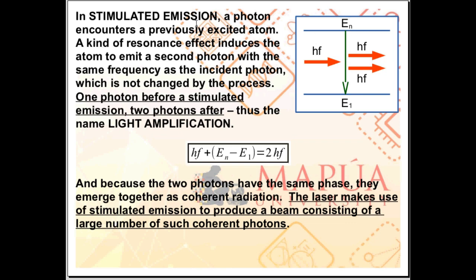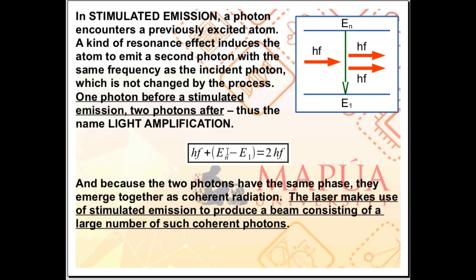You have stimulated emission. Since two photons are produced, in the result you have two photons. So one photon initially, then two photons, thus the name light amplification. The original photon hf induces the atom to emit a photon.